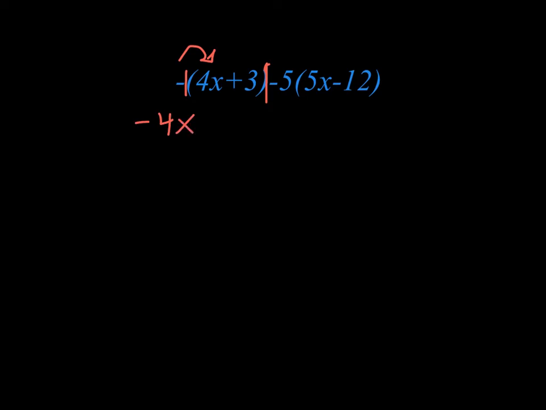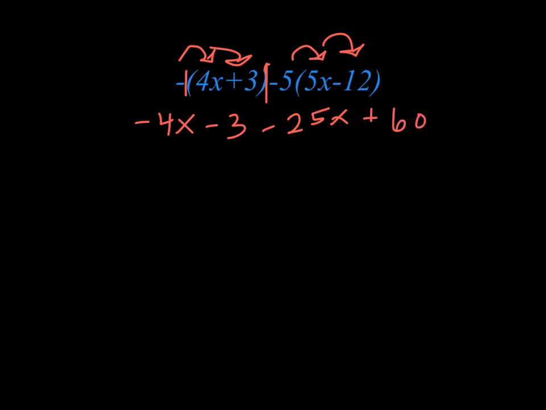And a negative 1 times a positive 3 is going to give me negative 3. Now I'm going to say negative 5 times 5x, which is going to give me negative 25x. And negative 5 times negative 12 gives me positive 60.